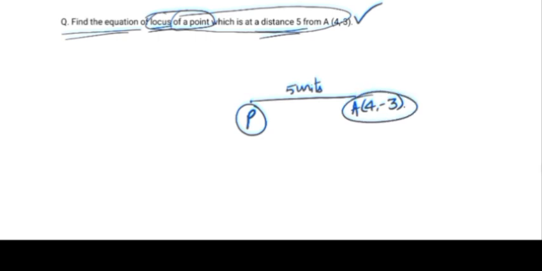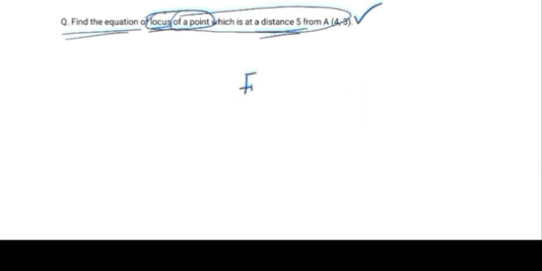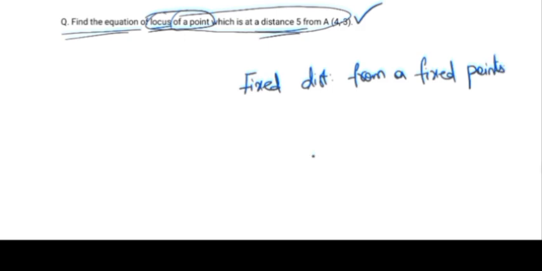Now, if we have any point that is maintaining a fixed distance from a fixed point, then what happens? Before saying what shape is created, I will show you. I have already shown this in my previous video, yet if you are new, I will do it again for you. But I request you to check the first video for better understanding. Imagine a fixed point A and a fixed distance 5. If a point P is moving while maintaining this fixed distance, what will happen?